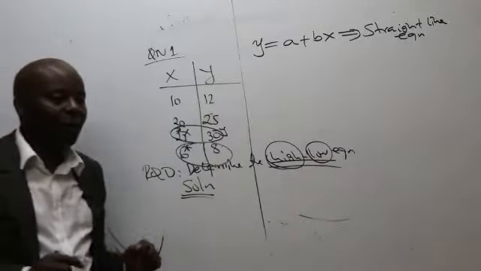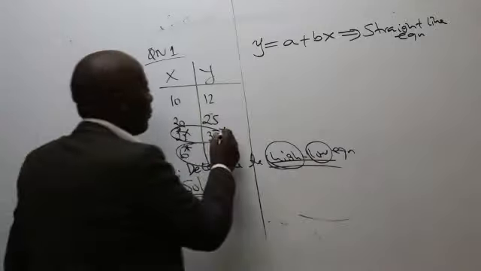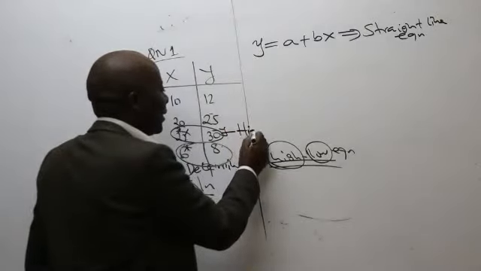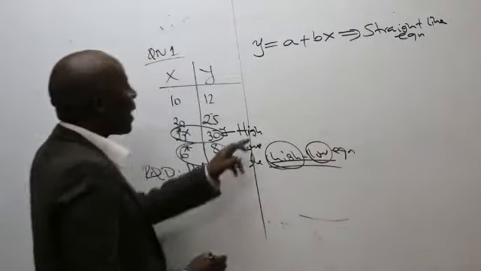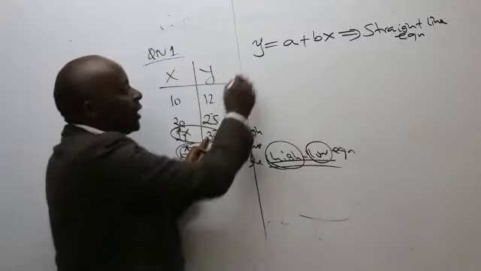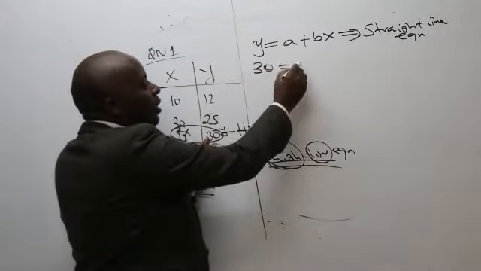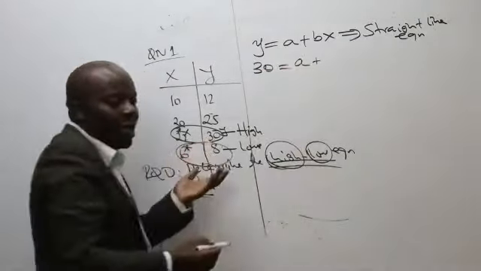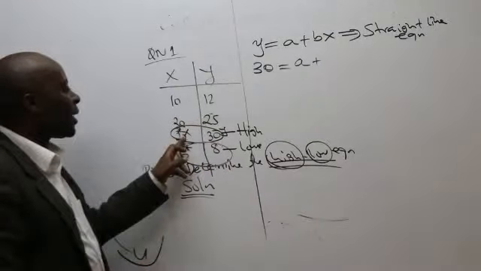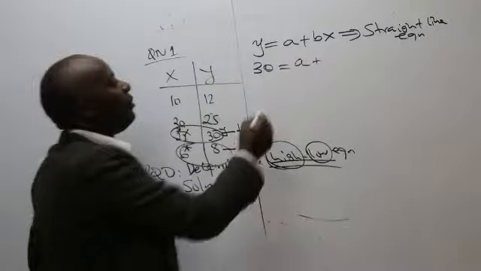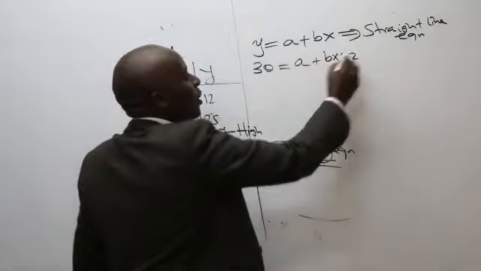So this is my highest x value point, and this is my lowest. For the highest, I can see y is 30. So this will be 30 equals a. I do not know what a is, but I know what x is. x is 22, so this will be b times 22.